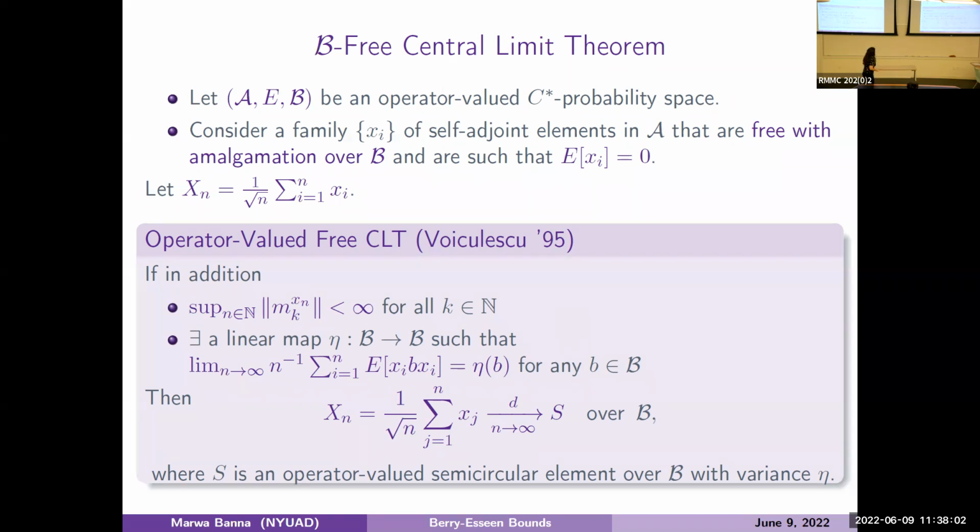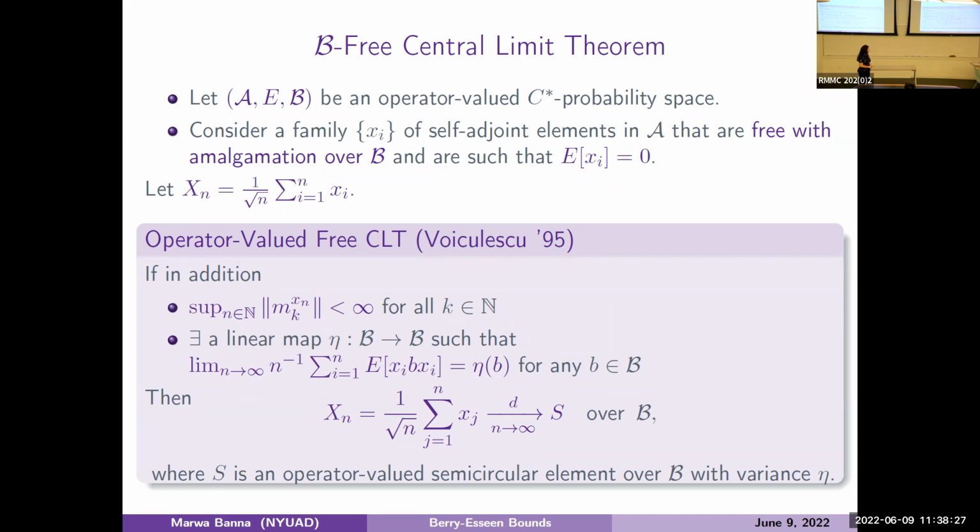There are many things that I haven't defined here, like these operator valued moments, and what we mean by convergence in distribution over B, which I will define precisely in the coming slides. Just note that in the classical case we have convergence to the Gaussian distribution.